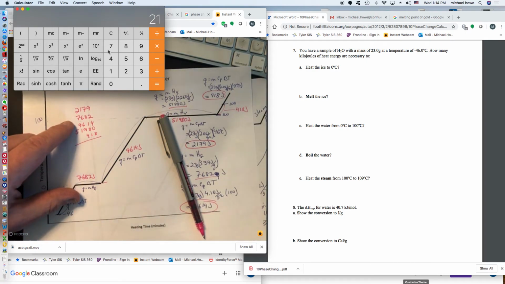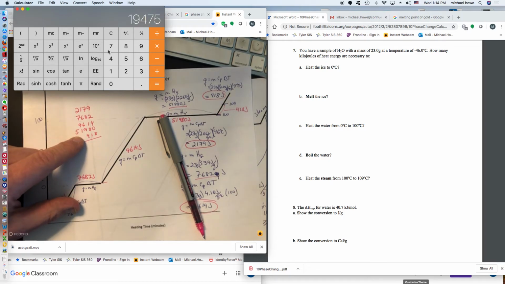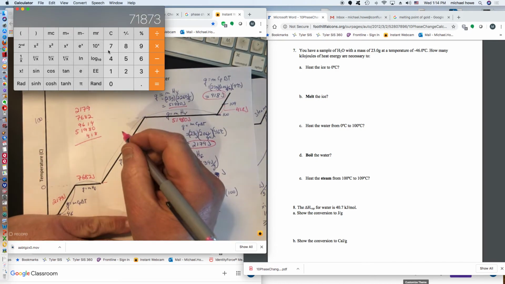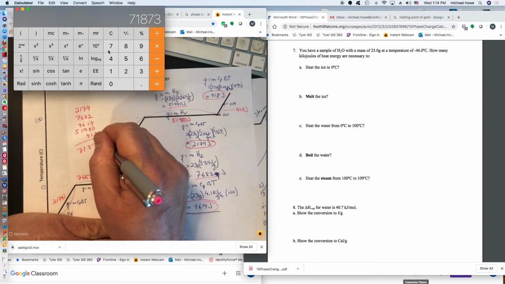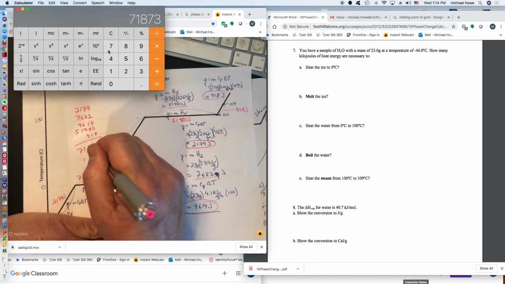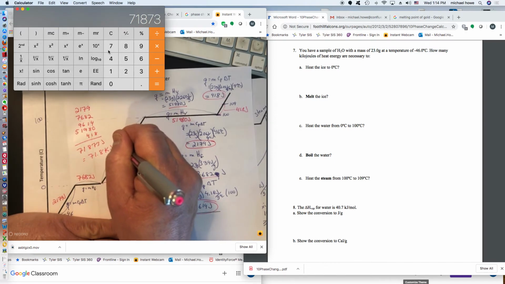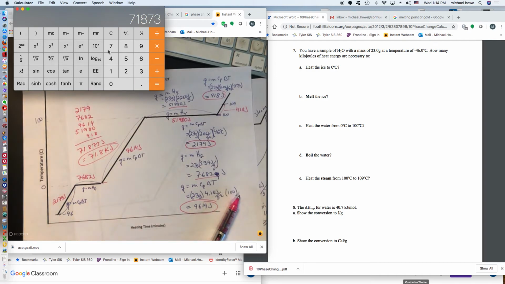We'd have 2179 plus 7682 plus 9614 plus 51,980 plus 418. So 71,873 joules, which is 71.8 kilojoules.